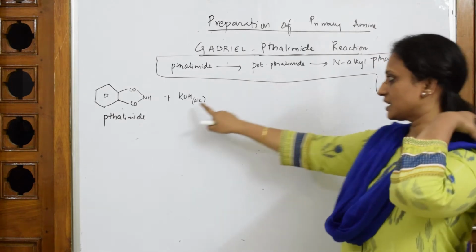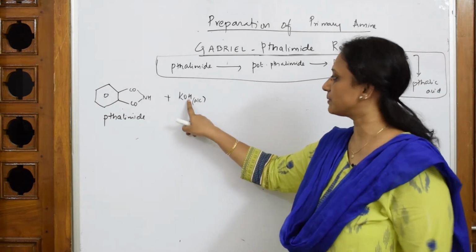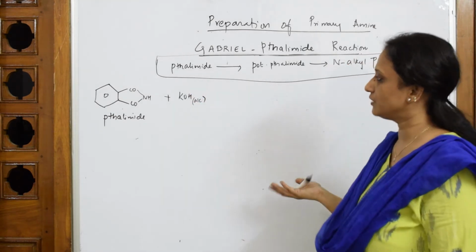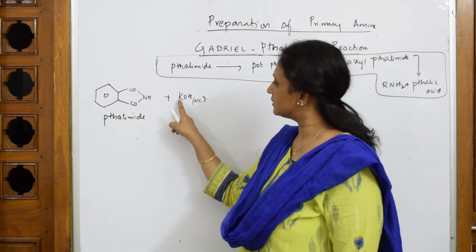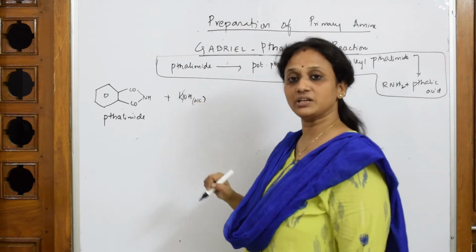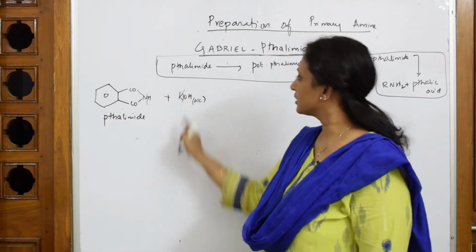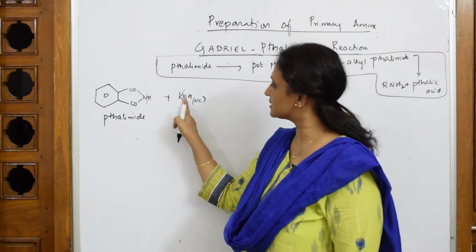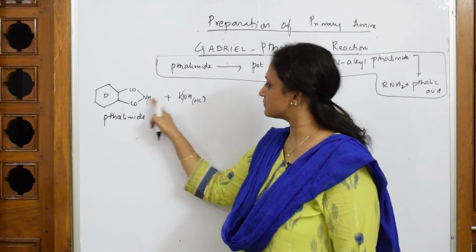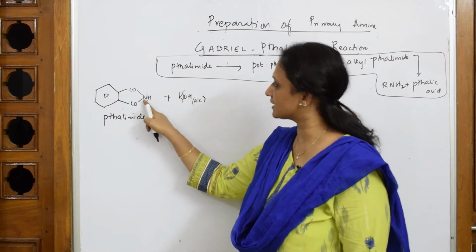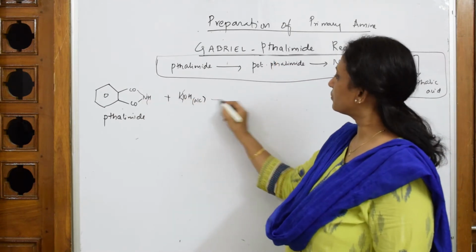Now this KOH I said is going to supply OH as the nucleophile. First important thing, there's a cleavage of the bond here. This potassium, there is a cleavage of the bond here also. This potassium goes, because I said this is going to supply OH, this comes out as water, and potassium goes and attacks this nitrogen. What product do I get?